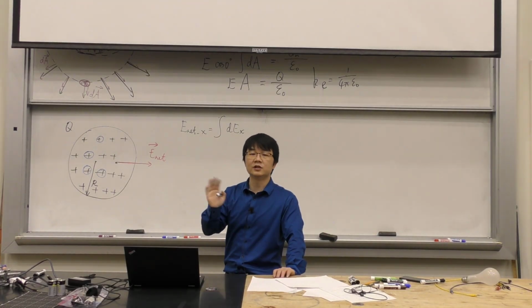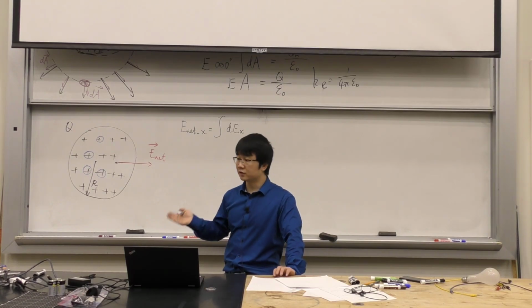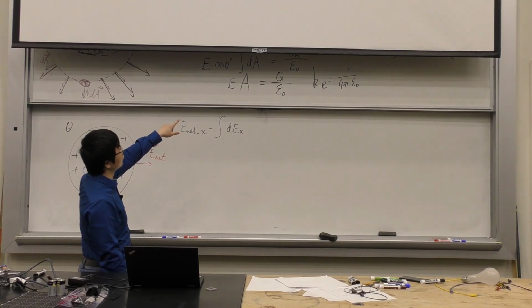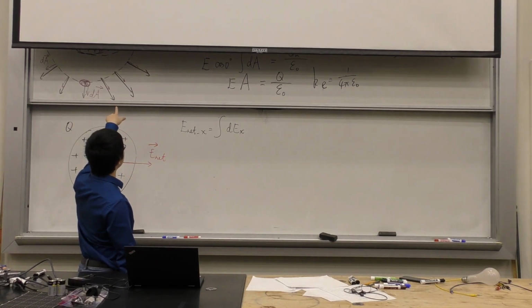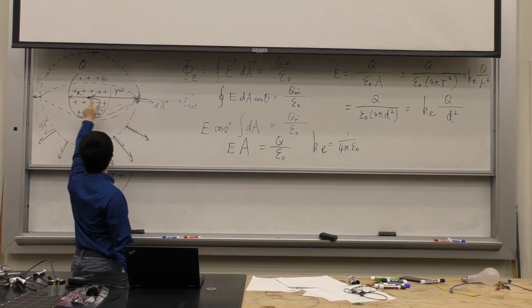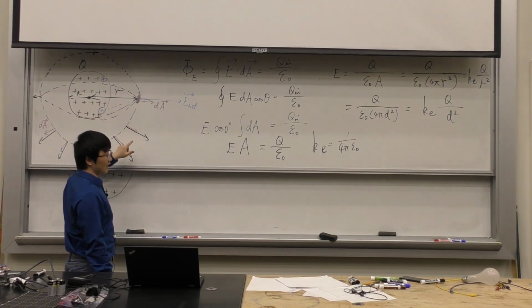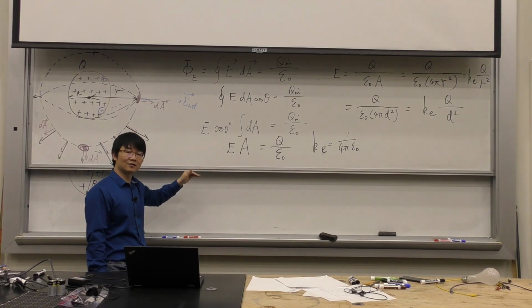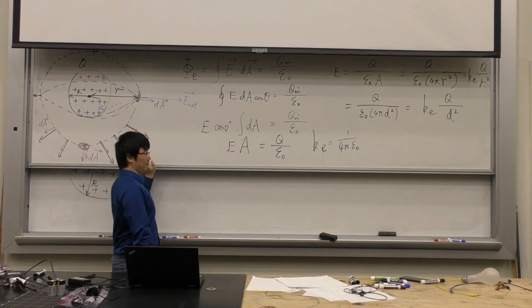We didn't really integrate anything, right? It's still the special case when the electric field is perpendicular to the sphere everywhere, right? See that? The electric field is perpendicular to the sphere surface everywhere. I get EA on the left-hand side, right? So that's easier than using the superposition principle.